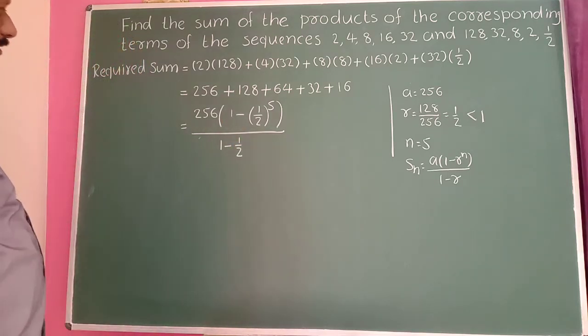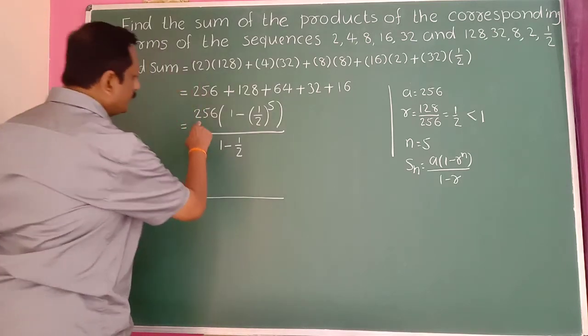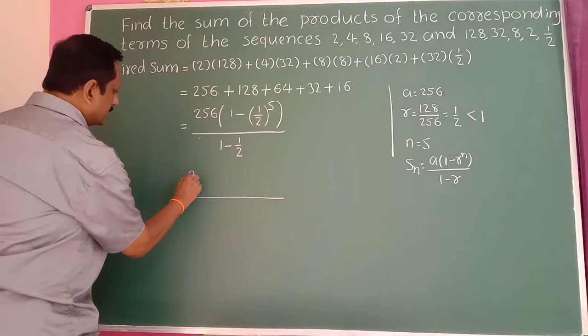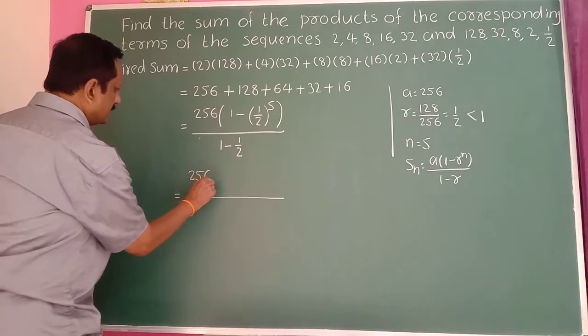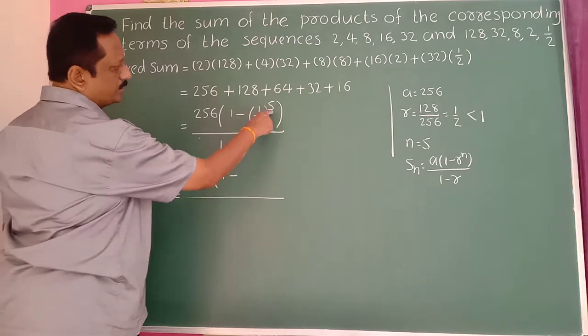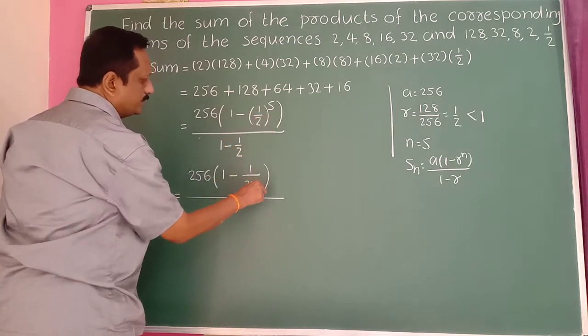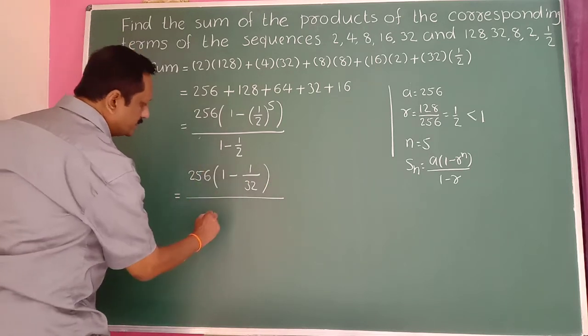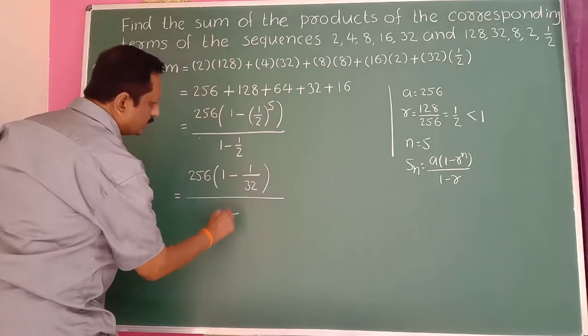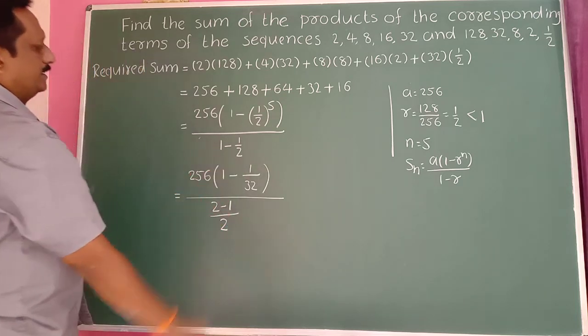Then this is equal to 256, write as it is here, 256 into bracket 1 minus 1 upon 2 raised to 5 is 1 divided by 32 here. 2 raised to 5 is 32, and here 2 is the LCM. 2 ones are 2 here minus of 1 here.